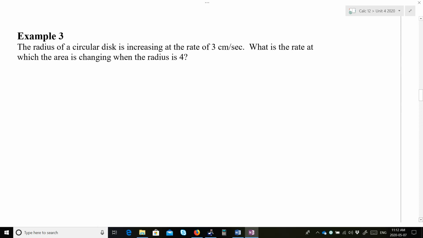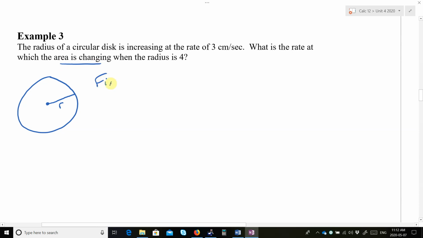The radius of a circular disk is increasing at the rate of 3 centimeters per second. So circular disk, and we're going to have the radius increasing. What is the rate at which the area is changing when the radius is 4 centimeters, I guess that should say.